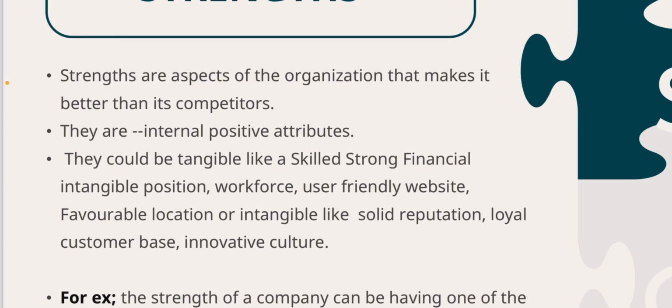These are things that make you stand out from other organizations, okay. So they can be tangible, like a skilled workforce, strong financial position, user-friendly website, or favorable location. Or it can also be intangible. Intangible means something you can't touch, okay, you can just feel it. Intangible, like solid reputation, loyal customer base, innovative culture, okay.